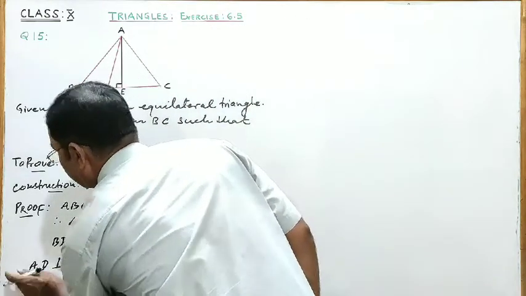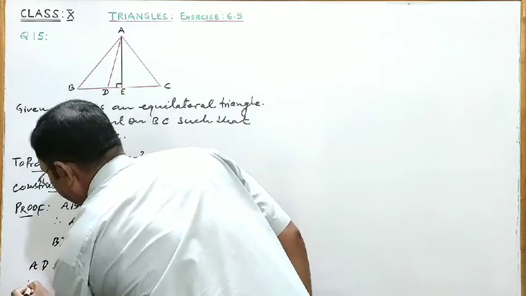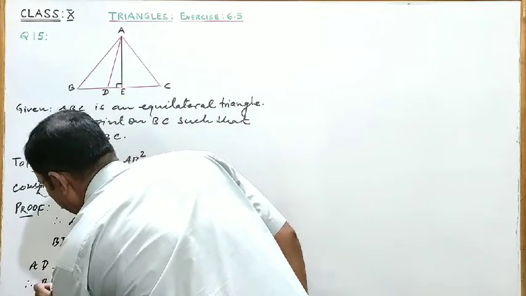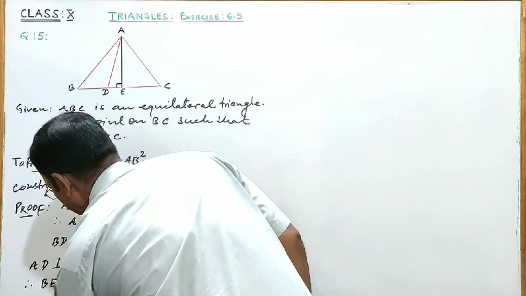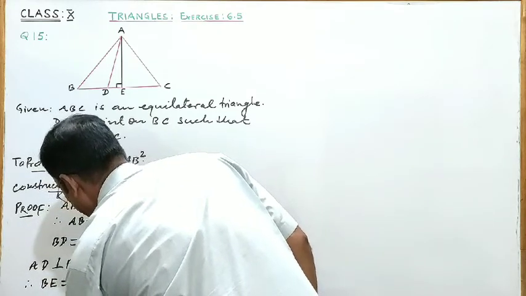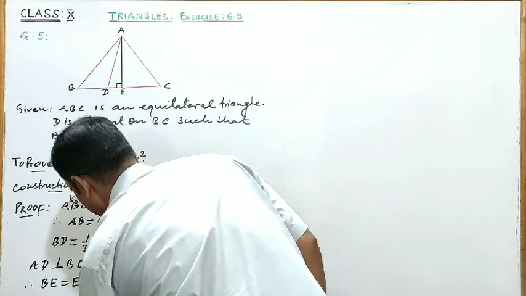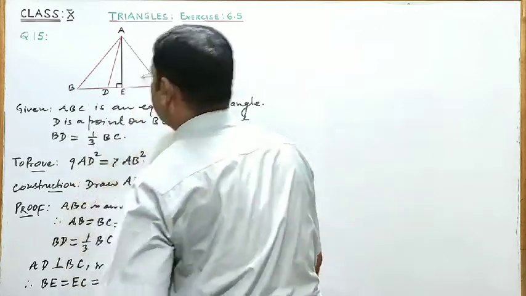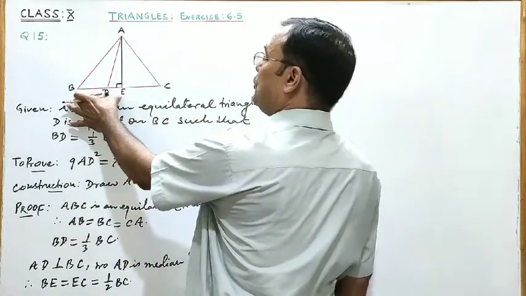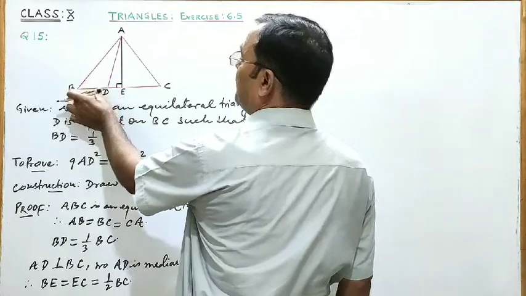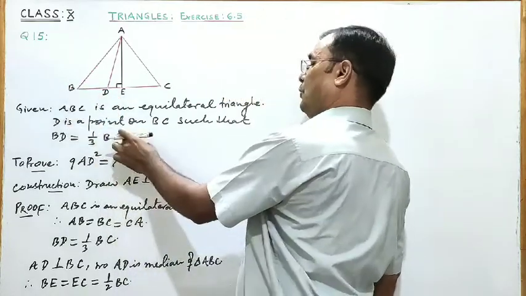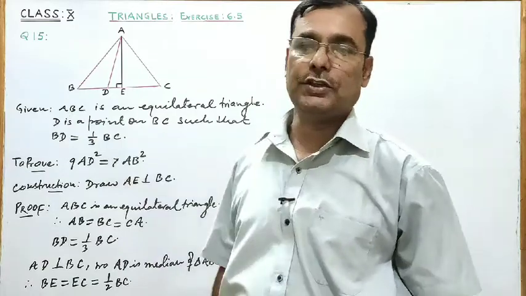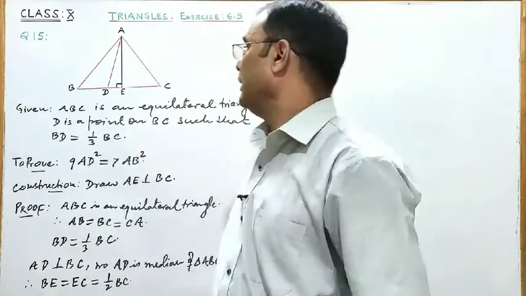That is, E is the midpoint of BC, so we can write BE is equal to EC is equal to half BC. Now BE is equal to half BC and BD is equal to 1/3 of BC.